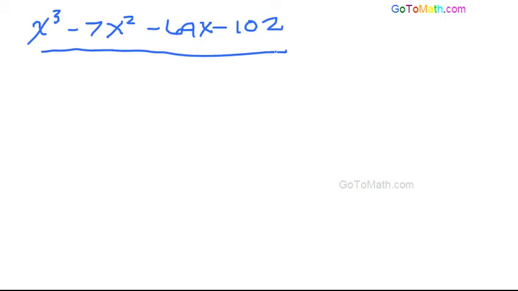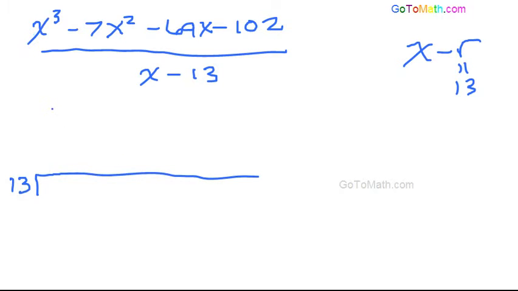But we'll need to rewrite that. So we have x cubed minus 7x squared minus 69x minus 102, and that's going to be all over x minus 13. Okay, so it looks like it's in the form already. We don't have to do anything special, so r is going to be our 13. So we're going to write 13 here.